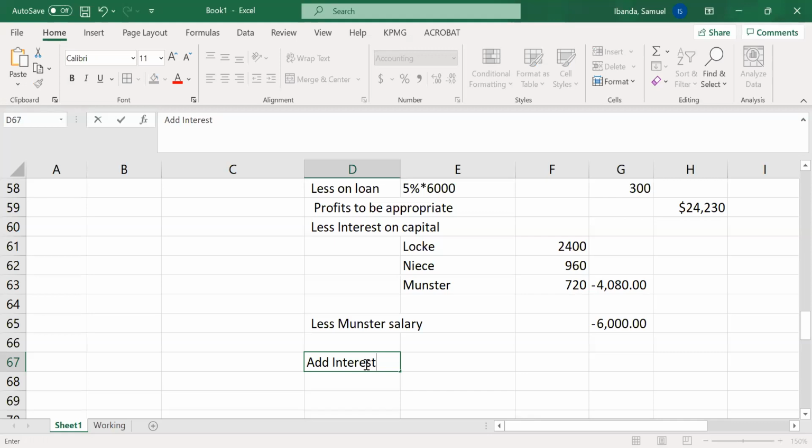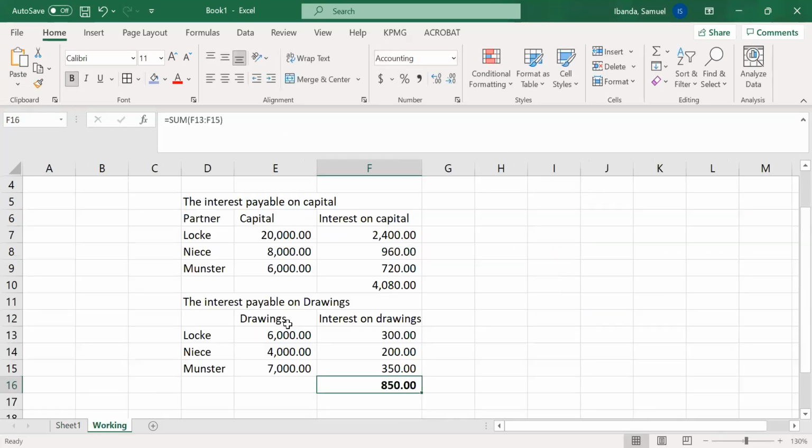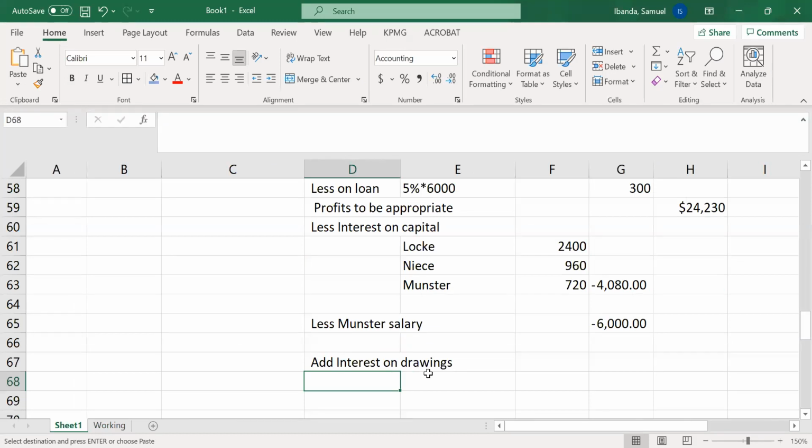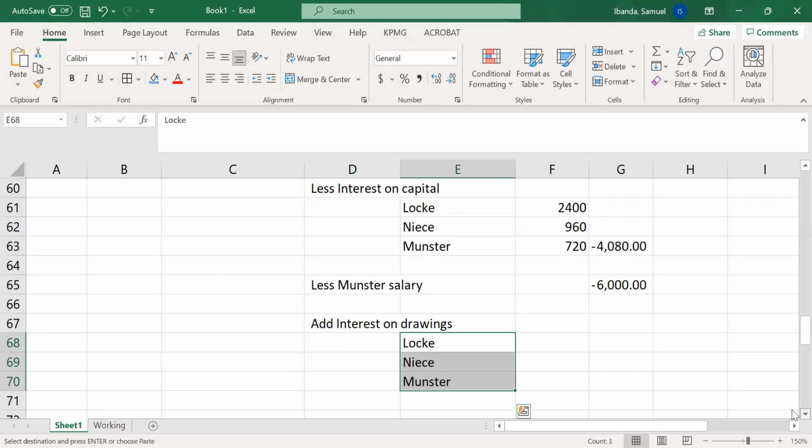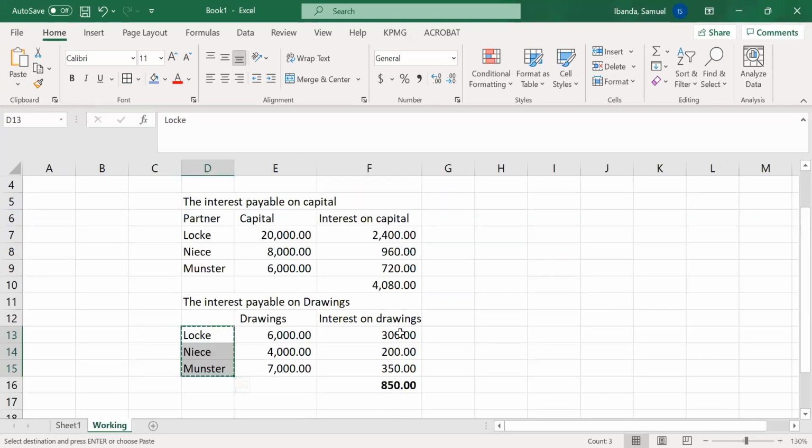Though it is a deduction on the partner side, it's a benefit for them before we share the profits. Interest on drawings. You can either write the total there, or you can bring the whole summary, and then we can get the total here.